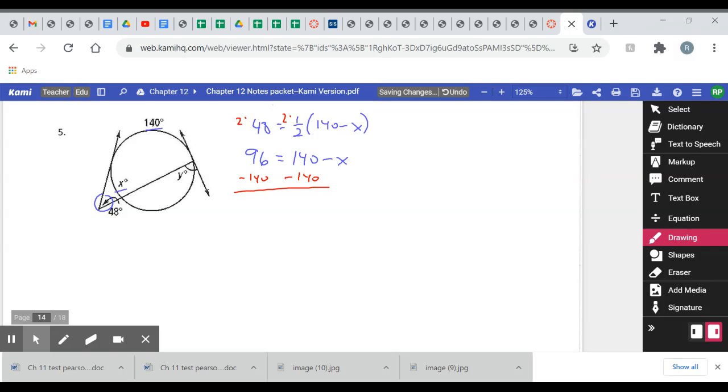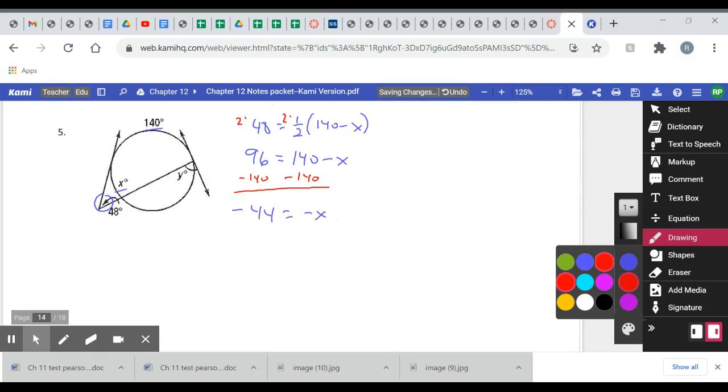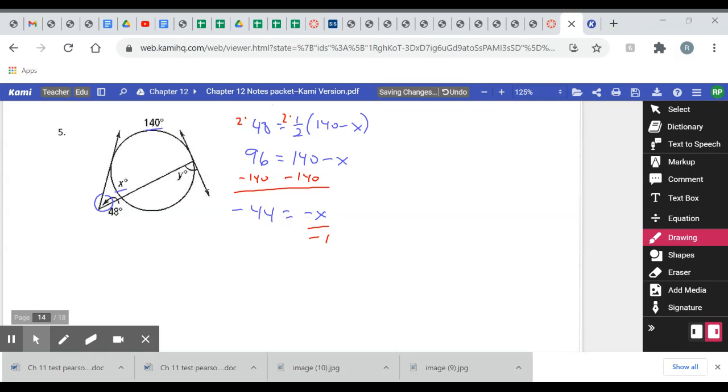So that gives me negative 44 is equal to negative X. So I end up with X equals 44 degrees. All right, but now I need to figure out what Y is. So I found out what X is. Sometimes it helps just to put that in the picture, and then you can use that to help you find the next thing.